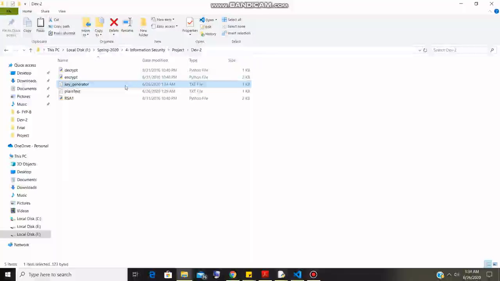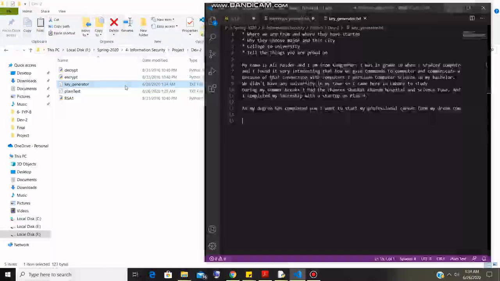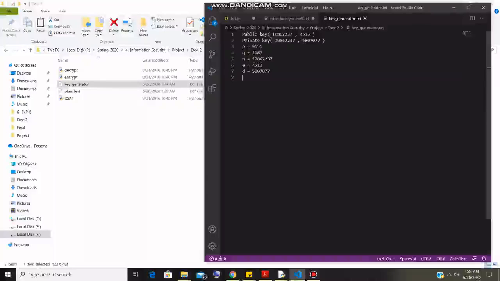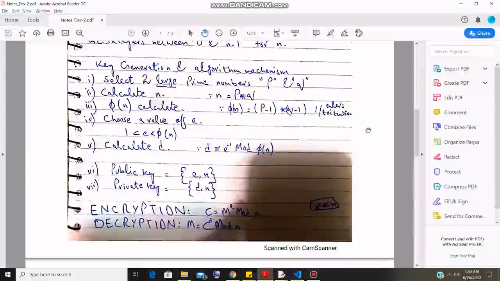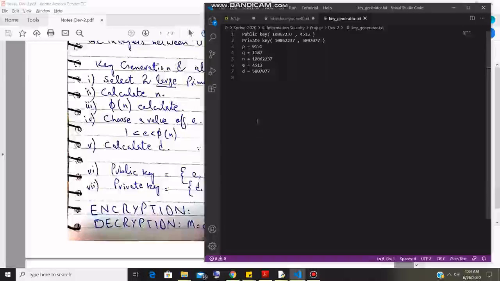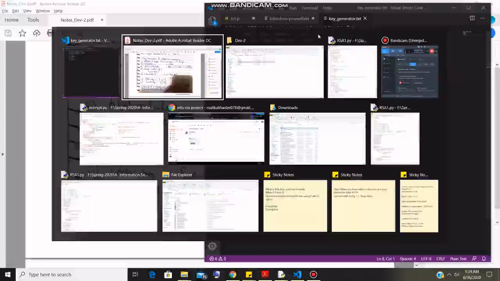So let's see what we have got. Our public key and private key, and the values that we have calculated here, P, N, E, D, N. So these are the values, and it has successfully generated.